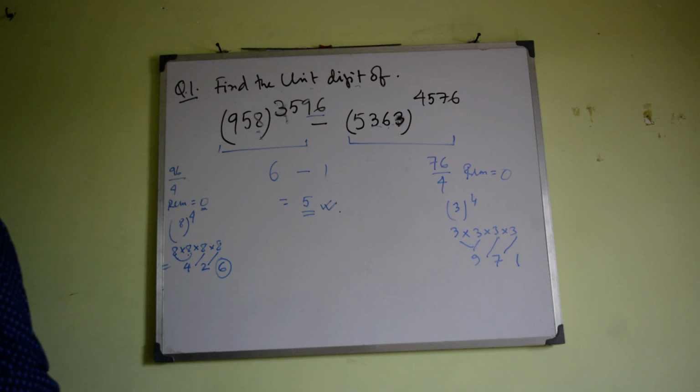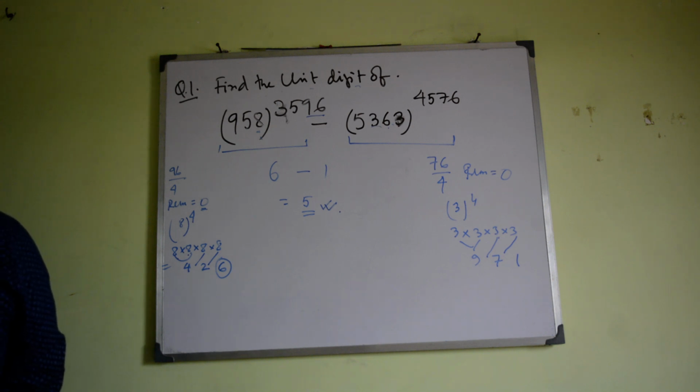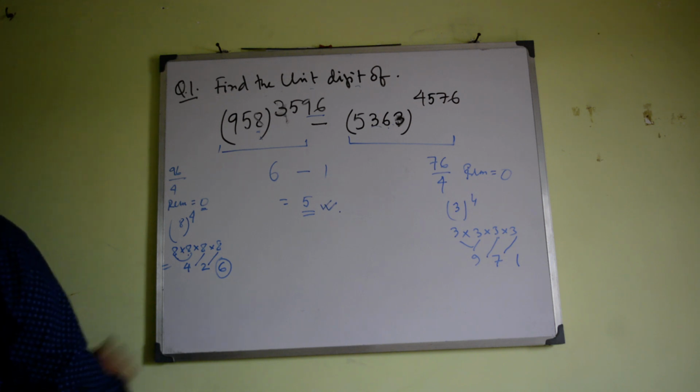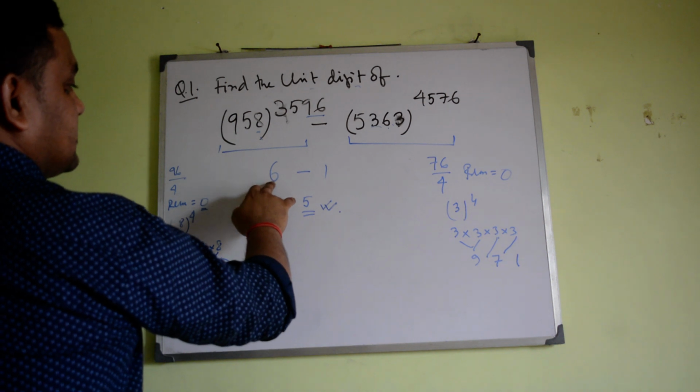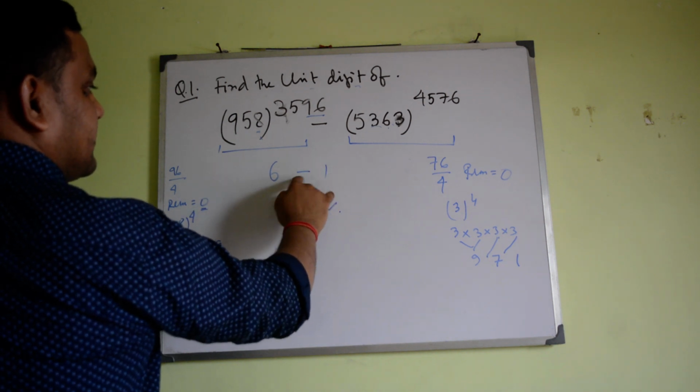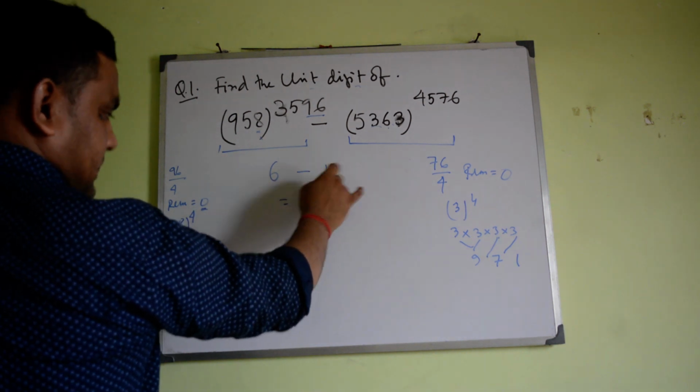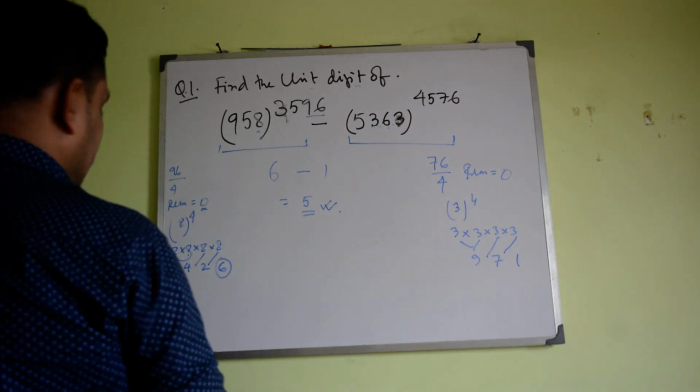Clear? Let's say another problem. What will happen if this number is less than that number? That means the negative number is much greater than that particular number. Then what will happen?